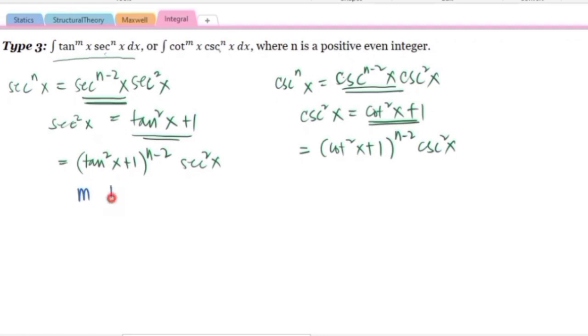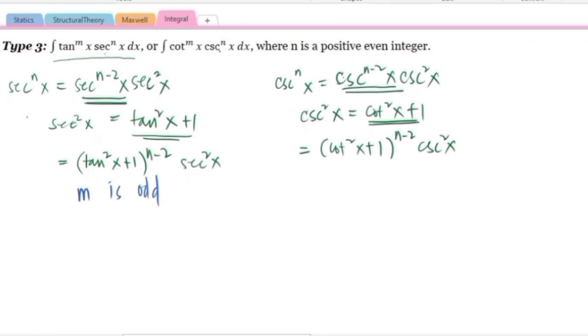If your m is an odd number, so dito kanina, we have our n is even. So dito naman, what if yung m natin is odd number?